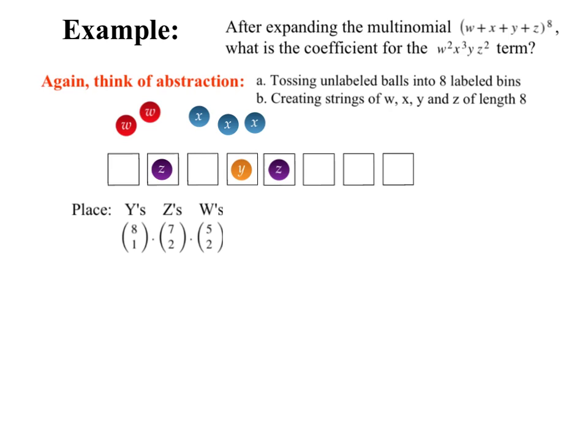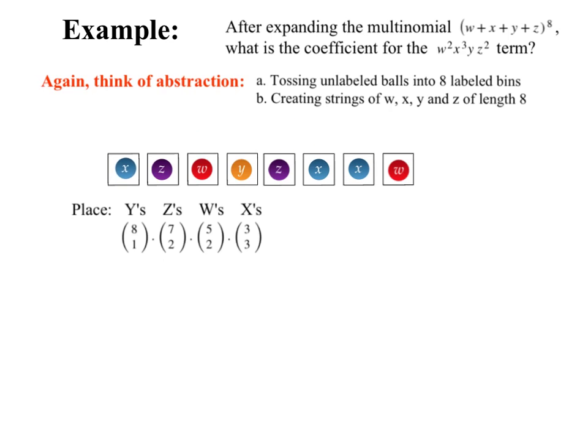If we were to place the w's, there would be 5 spots left, and 2 of them, so 5 choose 2. And out of the remaining 3 spots, obviously 3 choose 3 is 1, but that would be our final move.